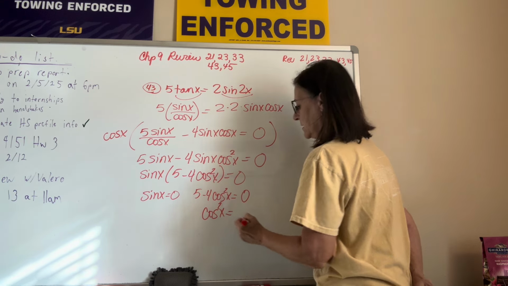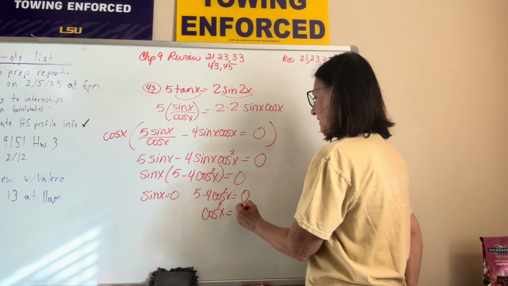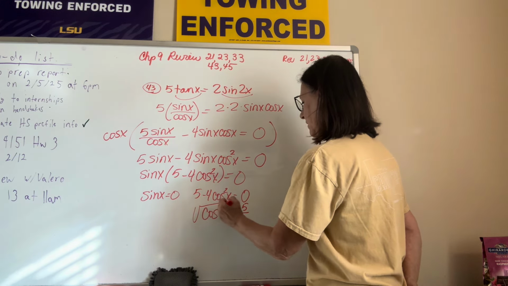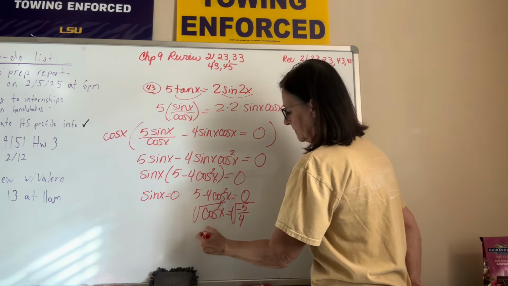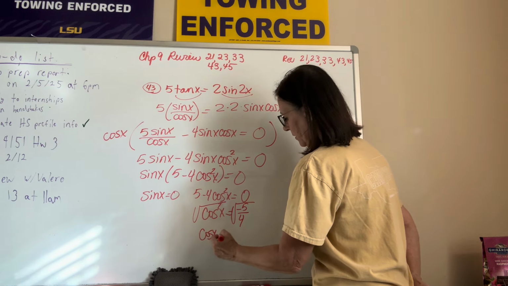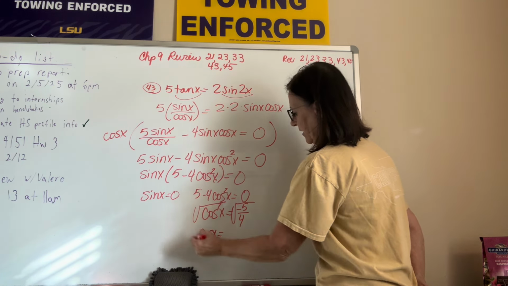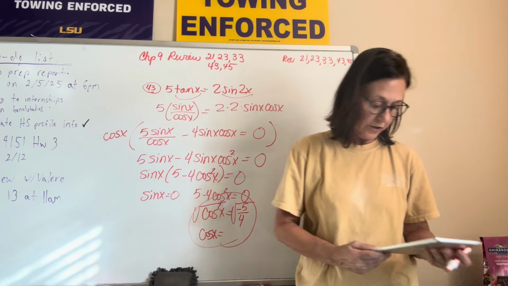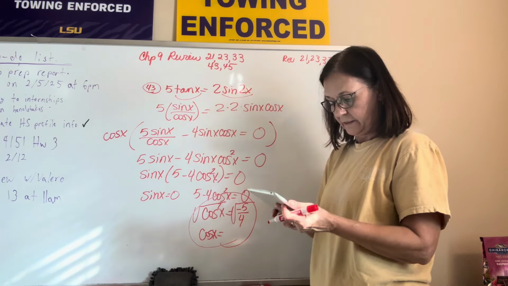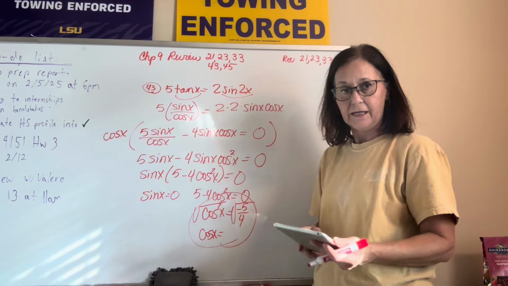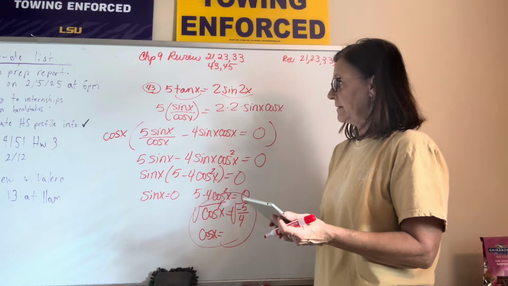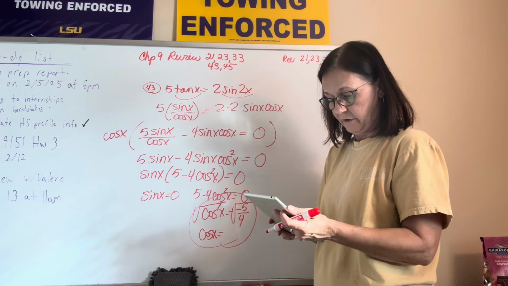Cosine squared x equals negative 5 fourths, square root cosine x. This is imaginary. Never mind. There's no solutions for that one. Just solutions for the other one where the sine x equals 0. So what is that? It equals 0 at 0.